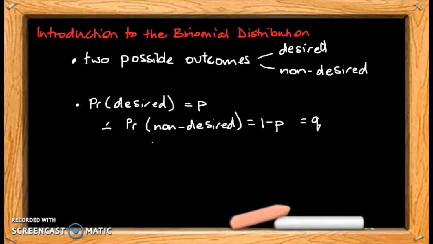The probability of our desired outcome is independent of every other trial. So that means in our system, P must stay the same in every trial.